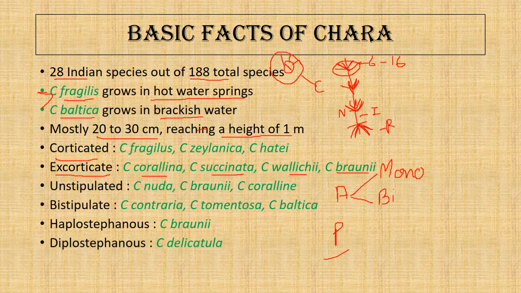So polycarpic species are less dependent upon oospore formation because they have this alternative process, that is vegetative reproduction in the form of dormancy of shoot bulbils, amylum starch bulbils, amorphous bulbils, root bulbils, and secondary protonema.